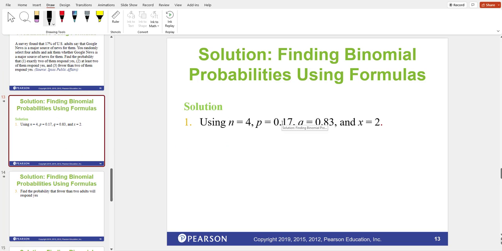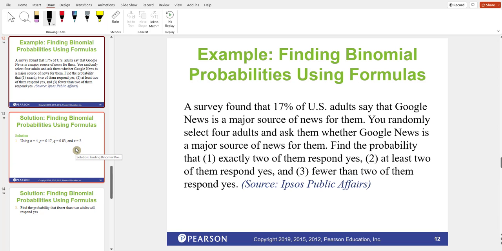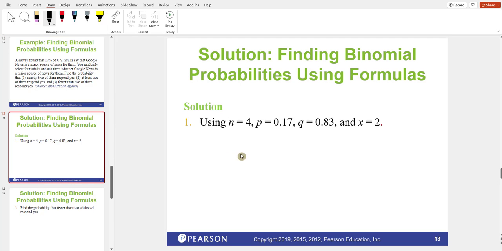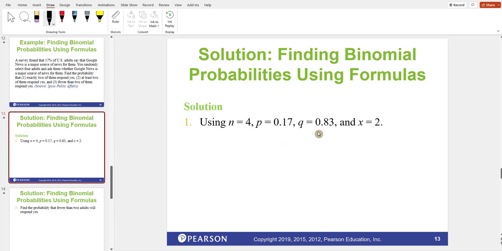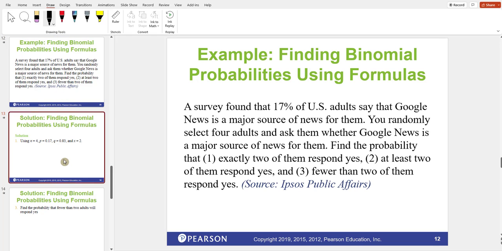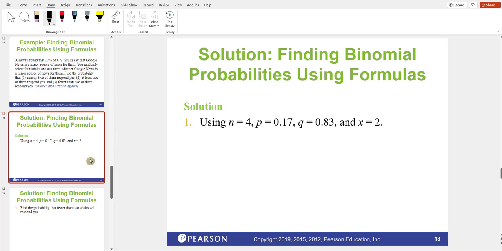So we already know the information. They told us that they interviewed 4 adults and they asked them the question. P, the probability of success, is 17% or 0.17. To find Q, you subtract 0.17 from 1, you get 0.83, and our first problem is asking us exactly 2. Okay, so we want to calculate the probability of exactly 2. P of x equals 2. You may also see it written as this.